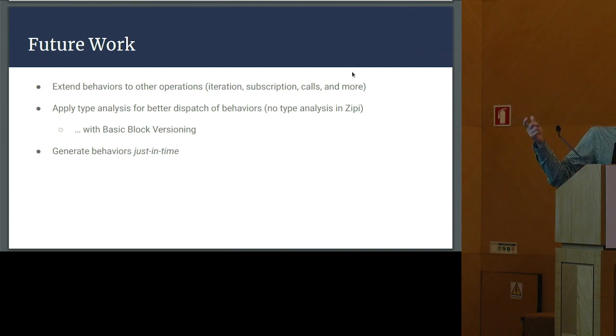We also want to apply type analysis to better dispatch those behaviors, because right now in Zipi there is no type analysis at all. It's just operations which are locally optimized. And one of the methods we want to use is basic block versioning. We will be looking into that in the future. And finally, all those behaviors right now are generated ahead of time when you build a compiler, and we are interested in looking at what it would look like to generate them just in time.